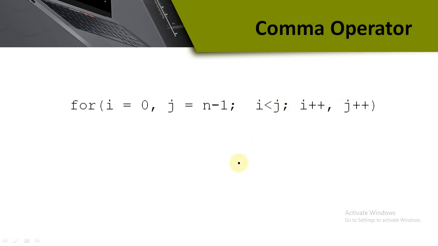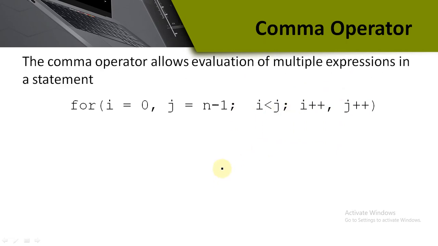This remains to be syntax. The comma operator allows evaluation of multiple expressions in a statement. Of course, the meaning is not obtainable very directly because it has some kind of an abstract meaning. But anyway, use of commas in a program or in a statement shows once again brevity when we write our program.